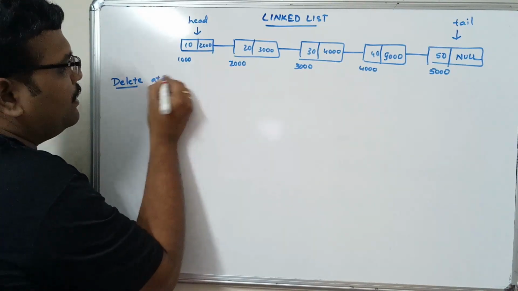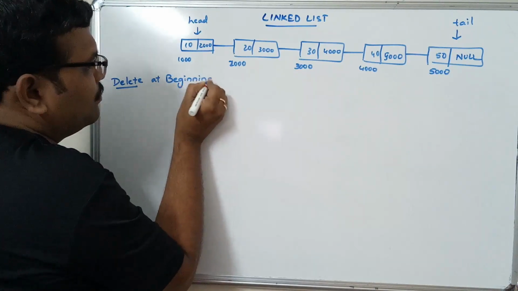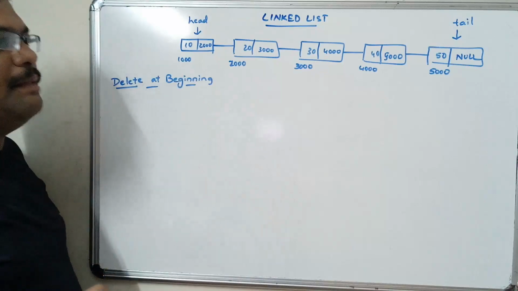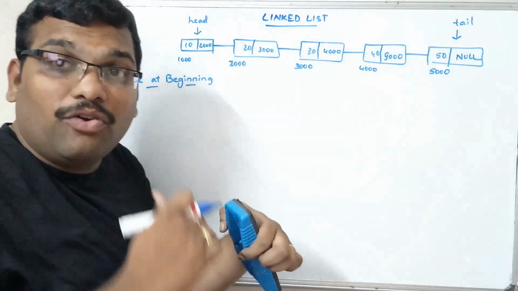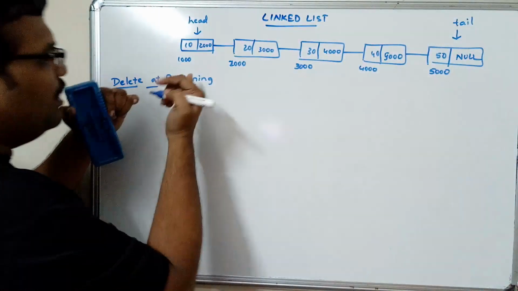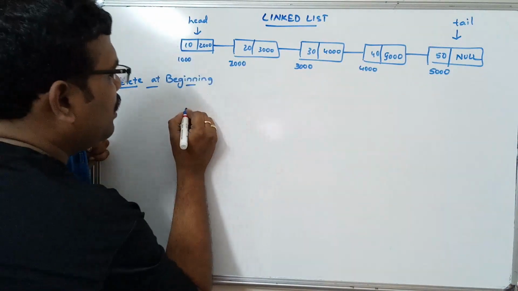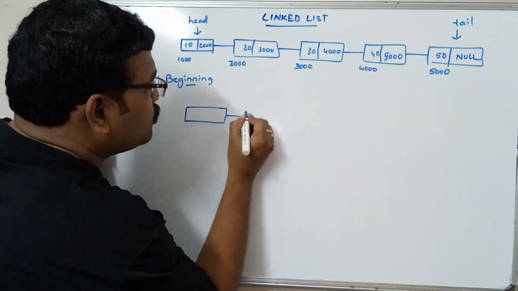Right. Now first, delete at the beginning. Delete an element at the beginning. So what is the output? First we will see the output, then we will write the code according to the output. So we know that if you delete the node 10, the first node will be 20.